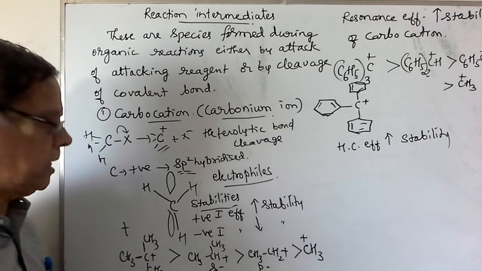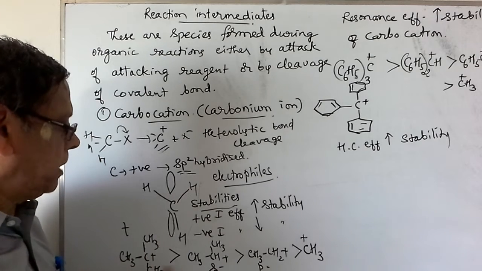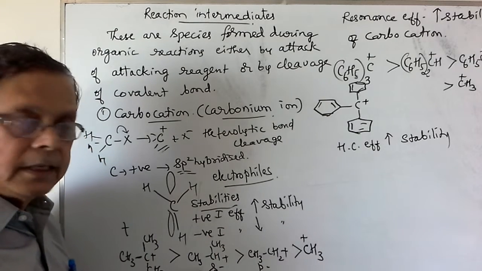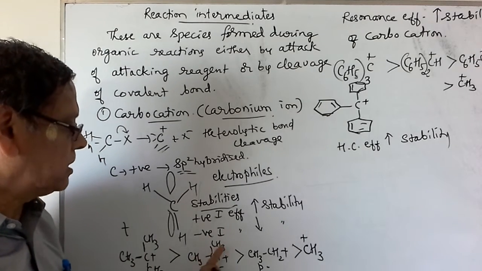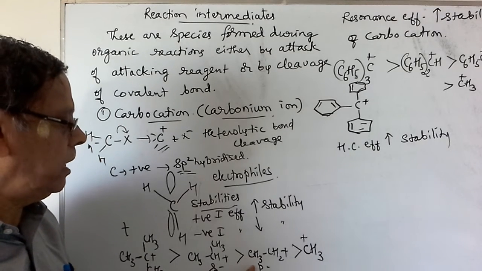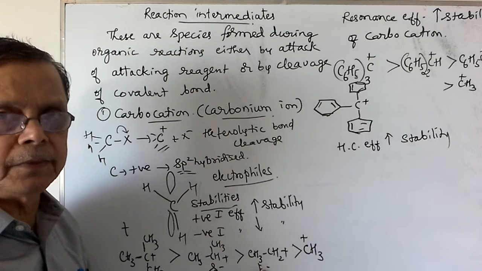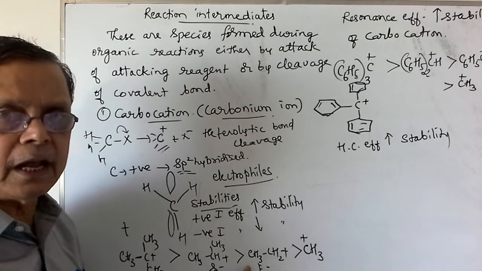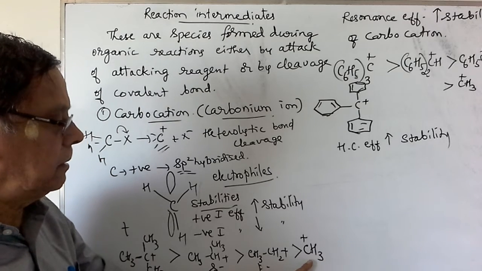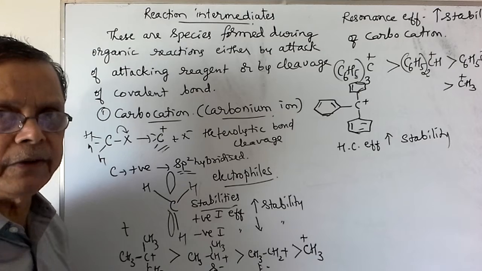Totally nine hydrogen atoms are alpha. That's why this is more stable as compared to the secondary one, because it has only six hydrogen atoms in the alpha position, which in turn is more stable as compared to ethyl, having only three alpha hydrogen atoms. But methyl does not possess any such hyperconjugative effect.